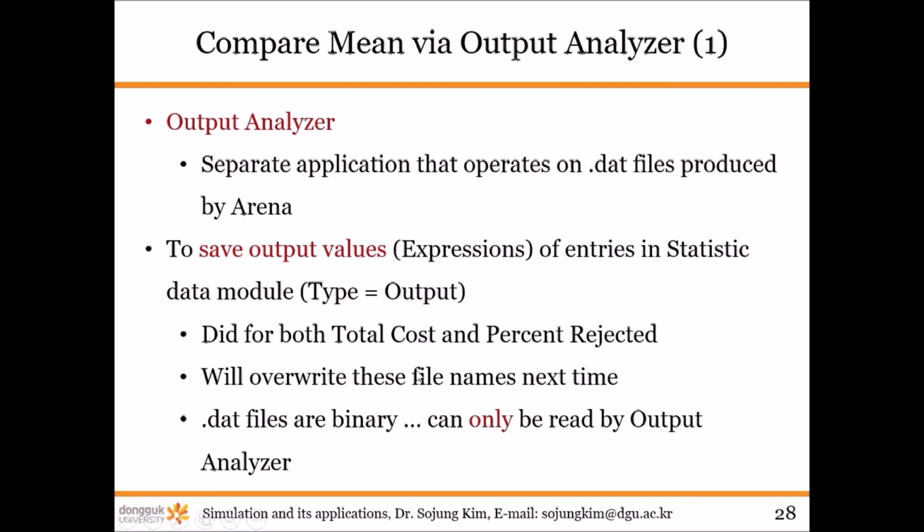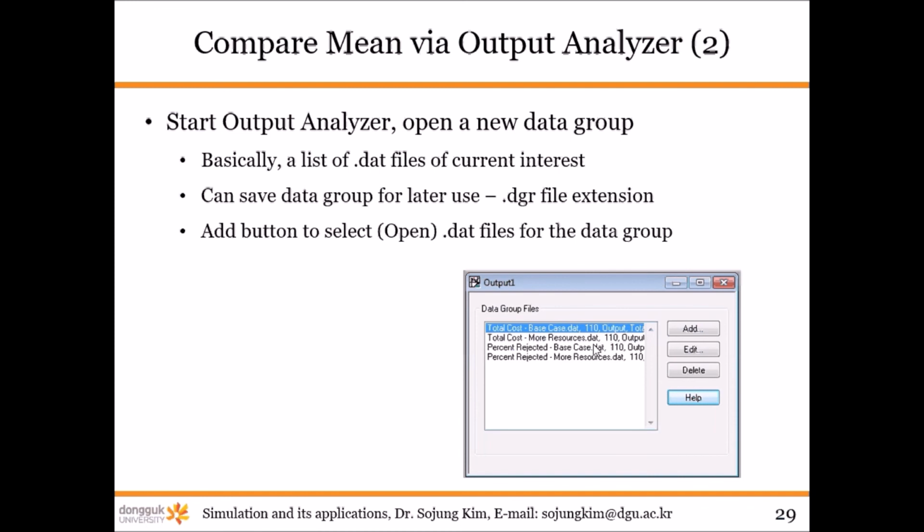Okay, so let's say you have two files for total cost and percent rejected, and you can compare these two outputs using Output Analyzer. In Output Analyzer, you can create a new project and load all the data files like this: total cost, percent rejected.